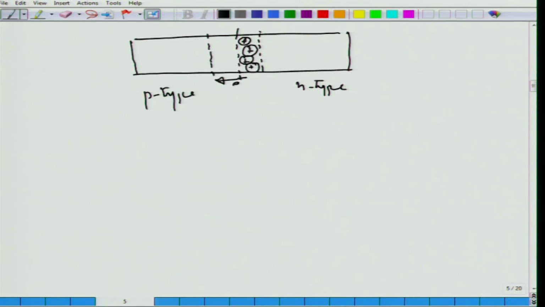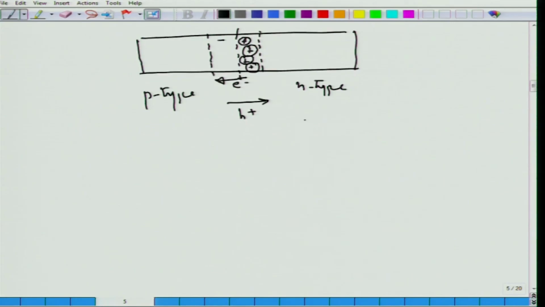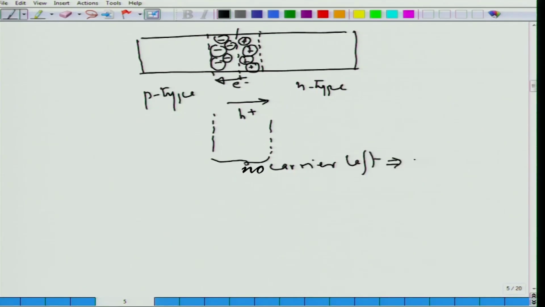The same way, the holes from here have gone to the other side, and since the holes have gone from the p to the n type, we are left with the ionized acceptors on this side. In this region close to the junction, in one approximation there are no carriers left, and that is then called the depletion zone.